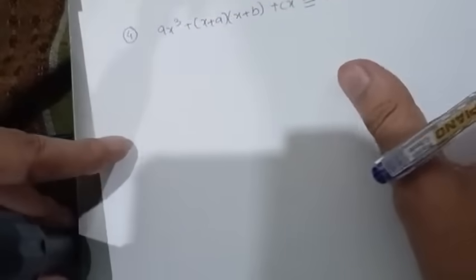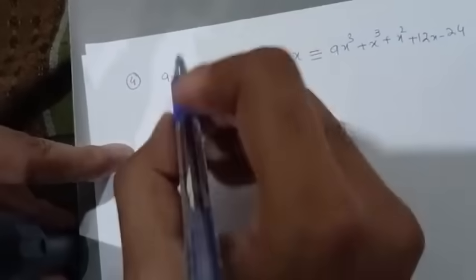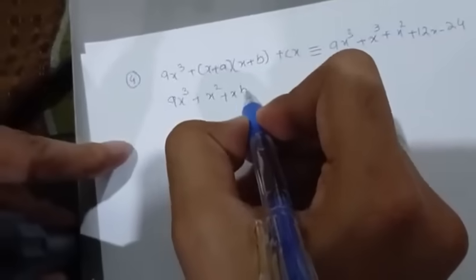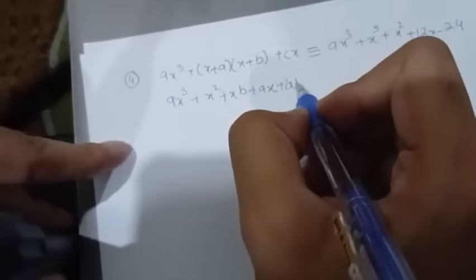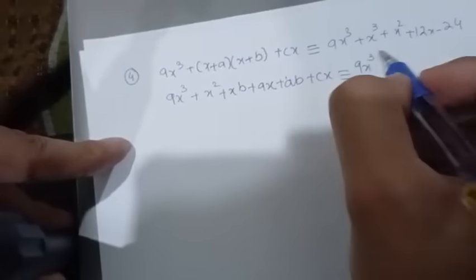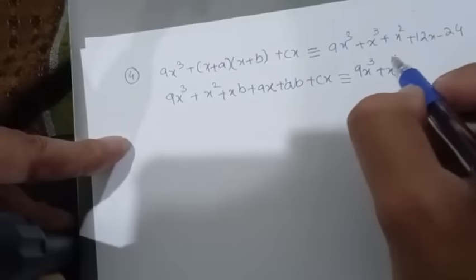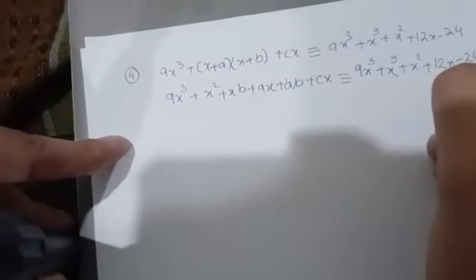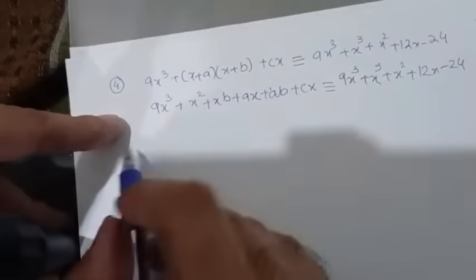So this is our fourth problem, in which we will simplify, open the brackets. This will become x square plus xb plus xa plus ab plus cx equal to 9x cubed plus x cubed plus x square plus 12x minus 24.